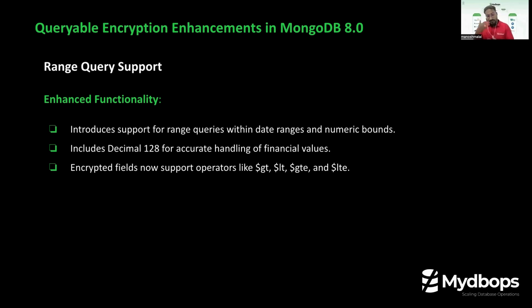Now they are evolving it to adapt a lot of operators to help the application team take queryable encryption to the next level. And this interesting change is also going to happen in 8.0.